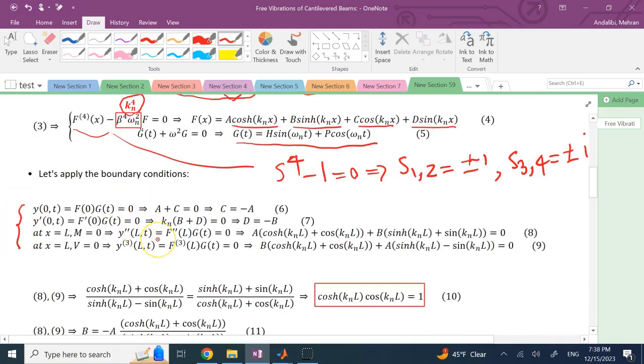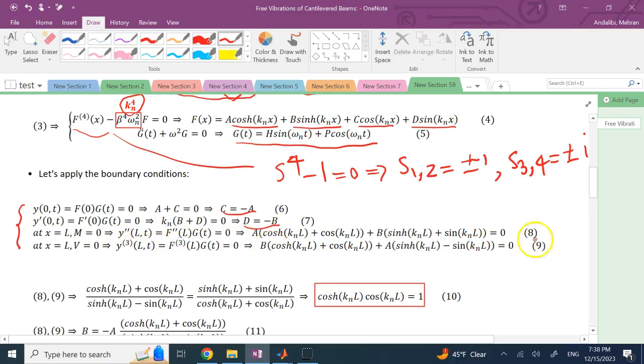And if you plug them in, you'll find that constant c is negative of a, constant d is negative of b. These are for y and y prime at location 0 at any time being 0. And then at location L, m, which corresponds to y double prime, is 0, or f double prime is 0, and the third derivative of y, or f, equals 0.